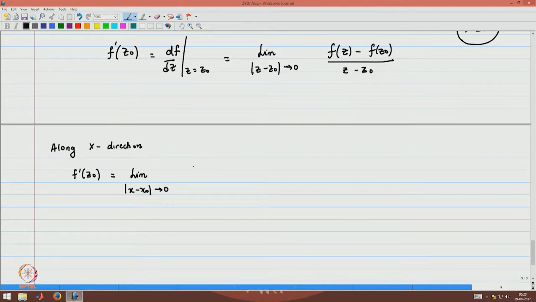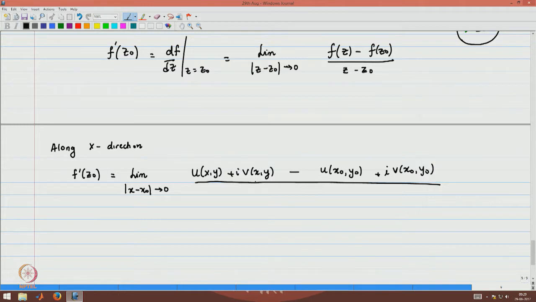now f of z, I can write as u of x y plus I times v of x y, minus u of x 0 y 0 plus I v of x 0 y 0, divided by, now instead of z minus z 0, z minus z 0 formally should have x minus x 0 plus I times y minus y 0.